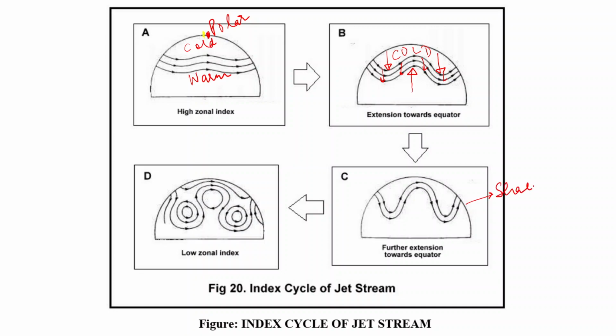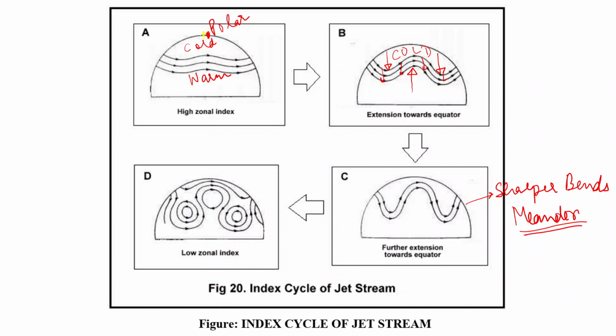Next, in the third stage, the bends become very sharp. So they are sharper bends. Now we can see over here that as these cold and warm air masses start pushing the winds towards the equator or away from the equator, the jet streams start to meander, just like a meandering river. Here, the bend in the jet streams becomes sharper and the amplitude of the waves registers a further increase.